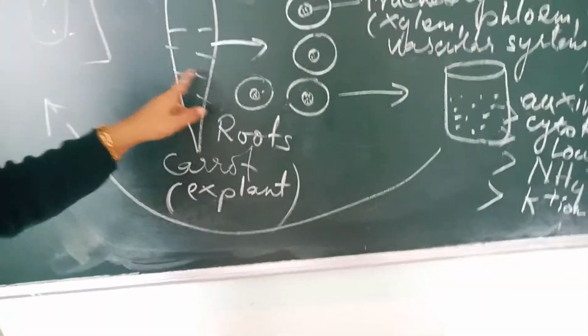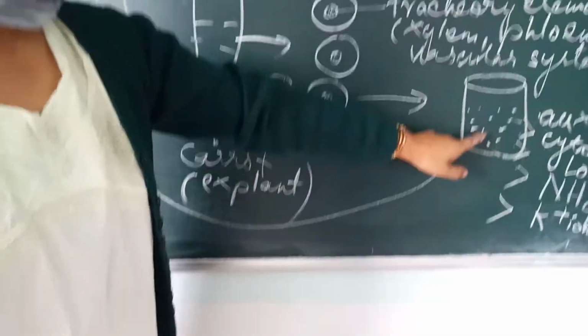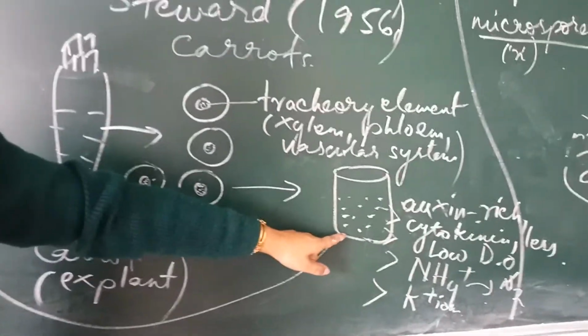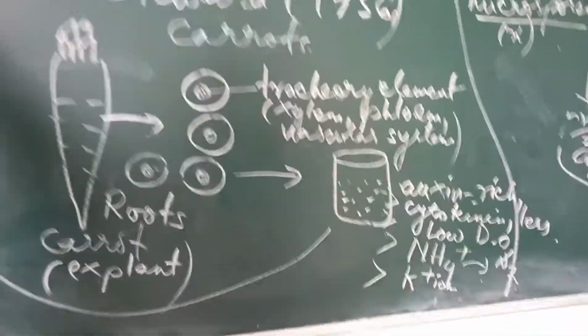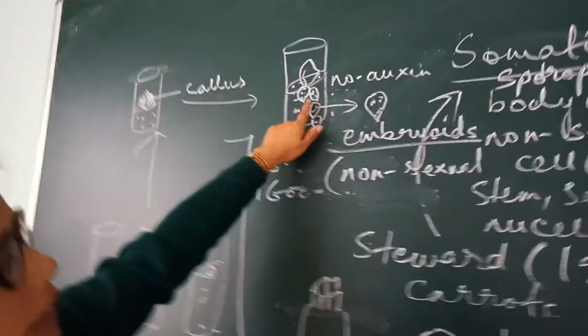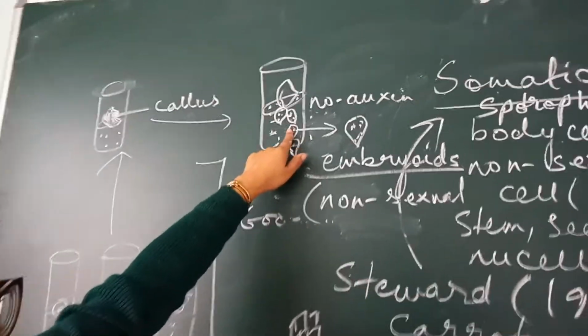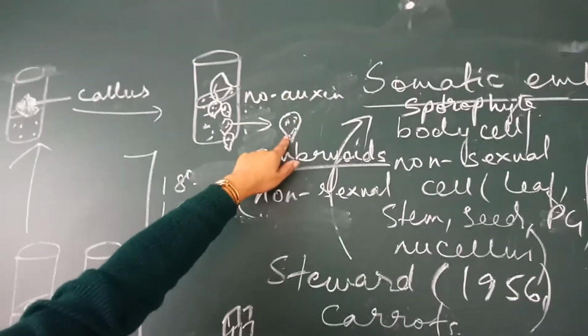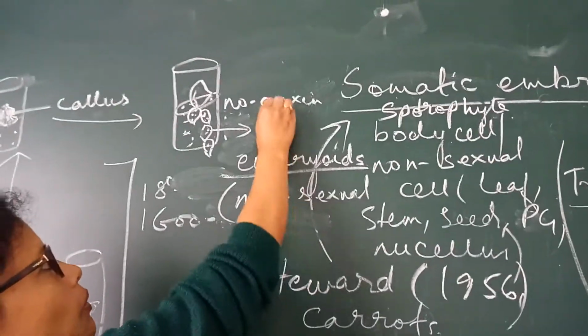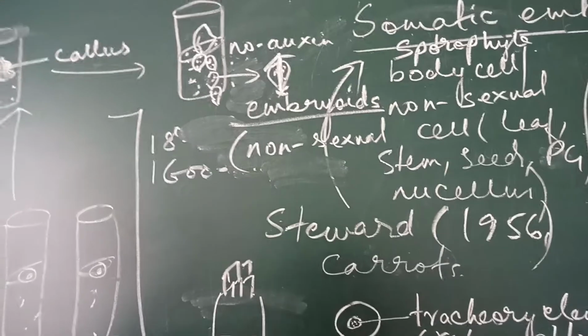And from this carrot, what did he do? Simply by culturing the slices of carrot in an auxin-rich media, he could induce the formation of a callus, and from a callus he could get embryos. And these embryos contain the bipolar structure that all embryos should have.